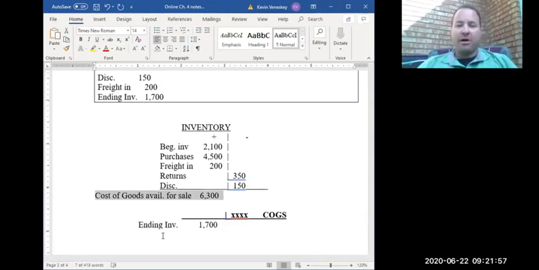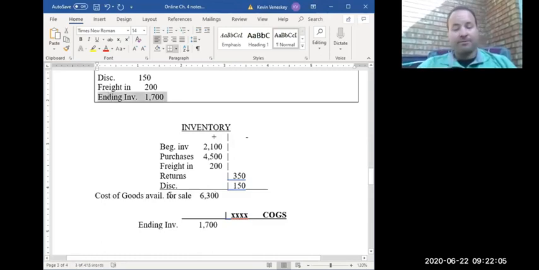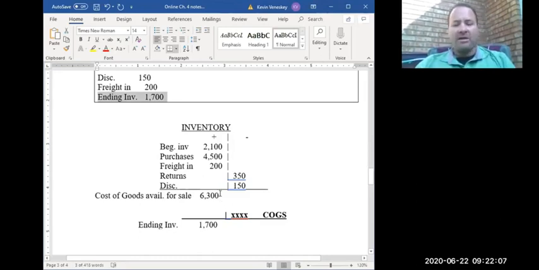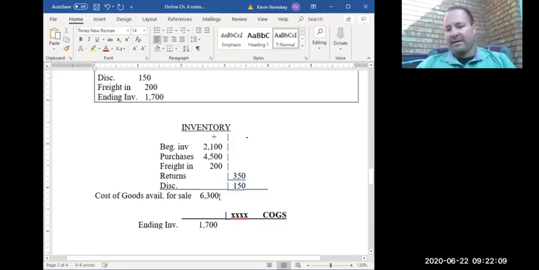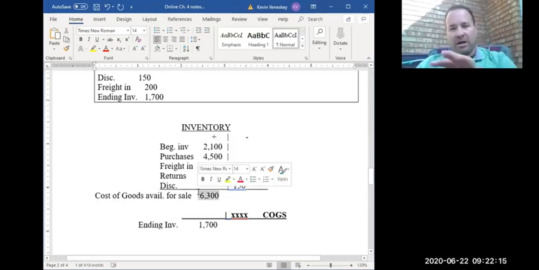So $6,300 worth. And then at the end of the day or the end of the week, when I went and counted everything up, I had $1,700 worth. And how do I get that? Well, let's say I had 100 items, these $6,300 worth was 100 separate little individual items.